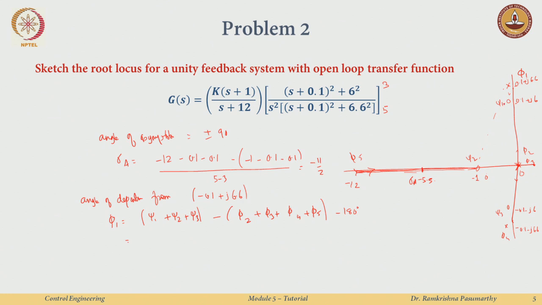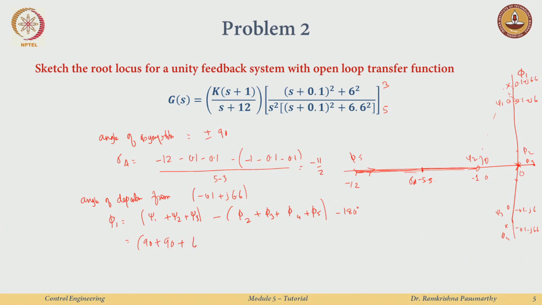So, I am just looking at the zero, starting from psi 1, and from here till here, if I measure the angle, that will just be plus 90. So, I have 90 plus what is psi 2. Okay, let us do psi 3, that is easier, right. Psi 3 would also be 90, and then this angle would be the angle over here.